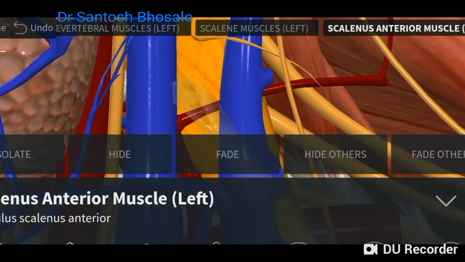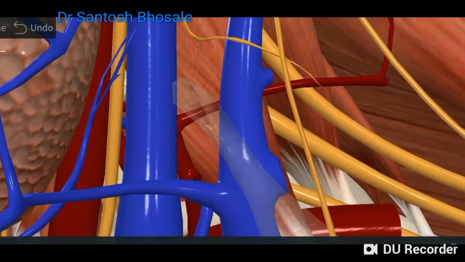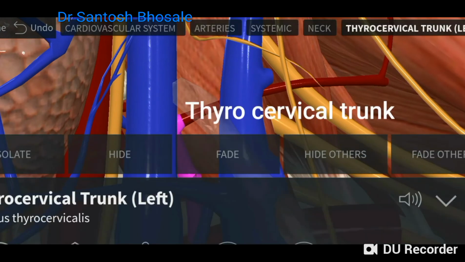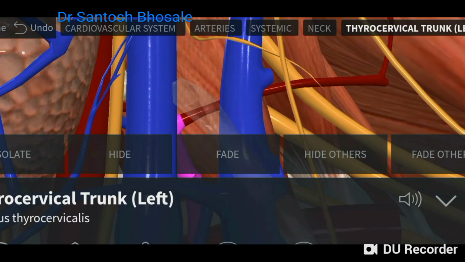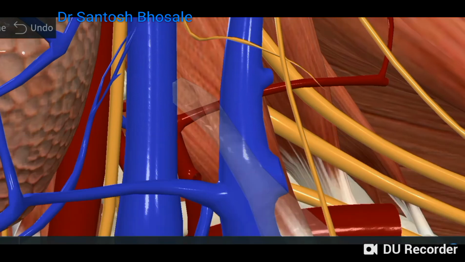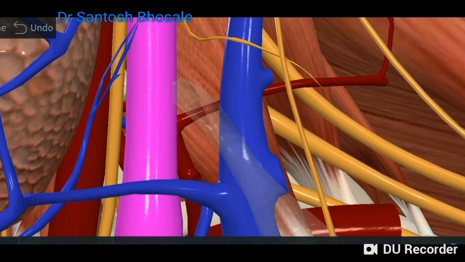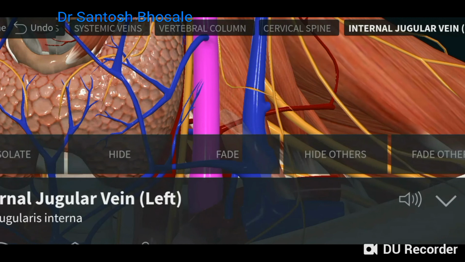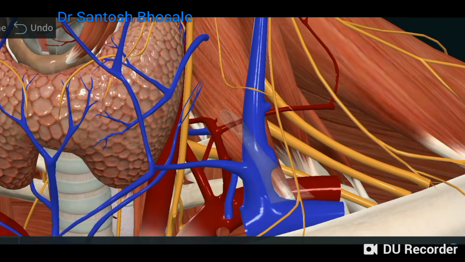So you can see that thyrocervical trunk, it gives three divisions: inferior thyroid artery, suprascapular, and transverse cervical. That is there. If you remove this internal jugular vein, you will have a clear view of this inferior thyroid artery.